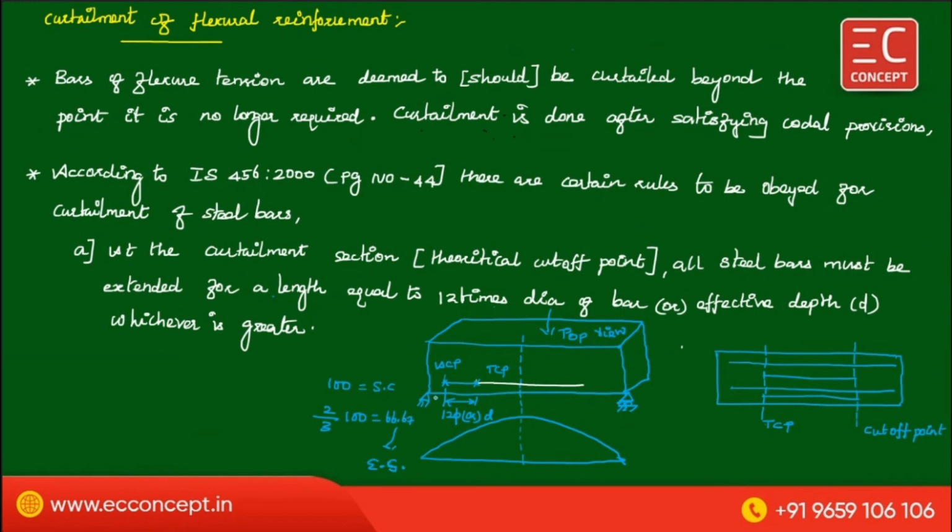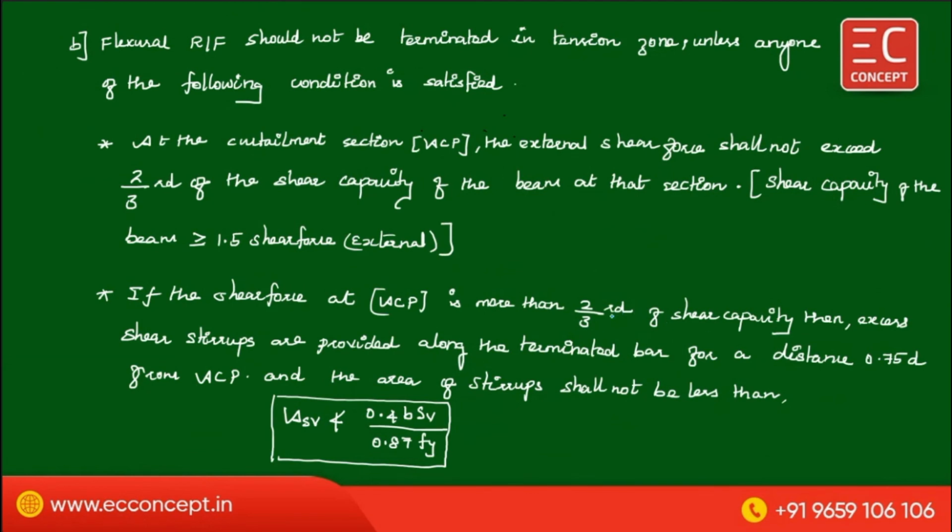Suppose at this point the external shear force is greater than 66.67, greater than two-thirds of the shear capacity, then excess shear stirrups are provided along the terminated bar for a distance of 0.75 d from the actual cutoff point, and the area of stirrup shall not be less than this value.